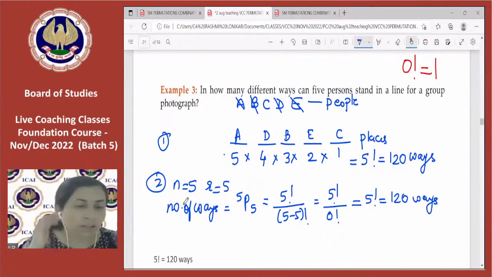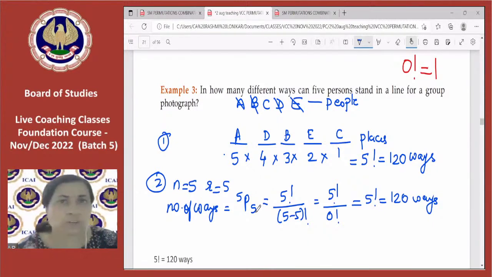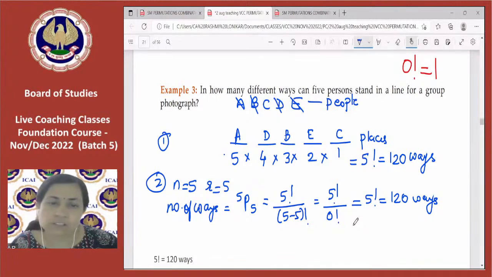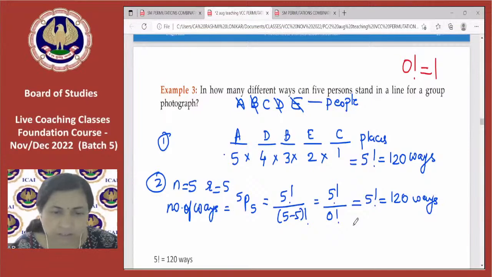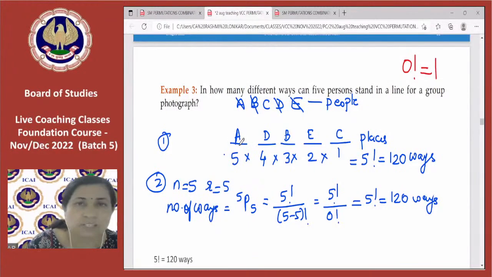So the formula method is this. I take N as 5 because there are 5 people. How many places in the photograph are there? 5. So I take R as 5 and I write 5P5. Or I can use this understanding method also, where I have tried to tell you what it means. It is 5 places. For the first place, how many people are available? 5 people are available.